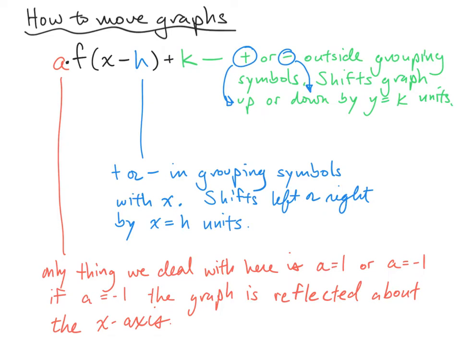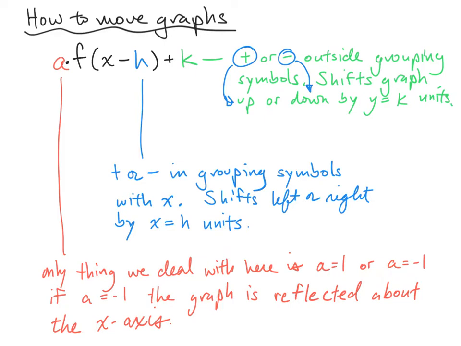And again, you'll see a few examples of this as we move forward, so don't freak out if you don't understand yet. Lastly, we can take a look at this h, and in fact this minus h. This is the only operation that we will see in the grouping symbols. So if we add or subtract inside an actual set of grouping symbols with x, this will shift left or right by x equals h units.